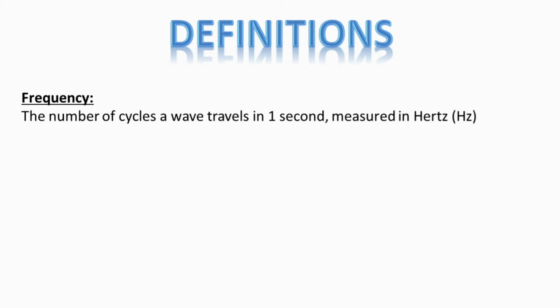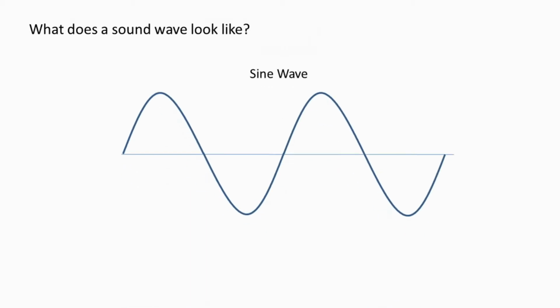Let's start with a few definitions. Frequency is the number of cycles a wave will travel in 1 second. It is measured in hertz. So what does a sound wave look like? If you remember from our previous videos, it is like this sine wave as you can see on the screen.